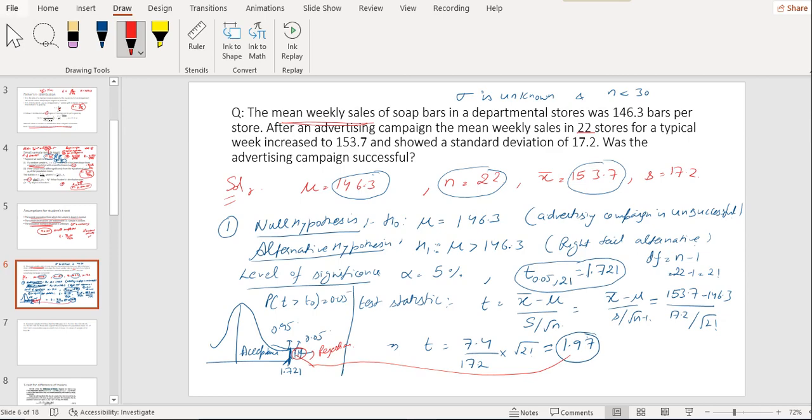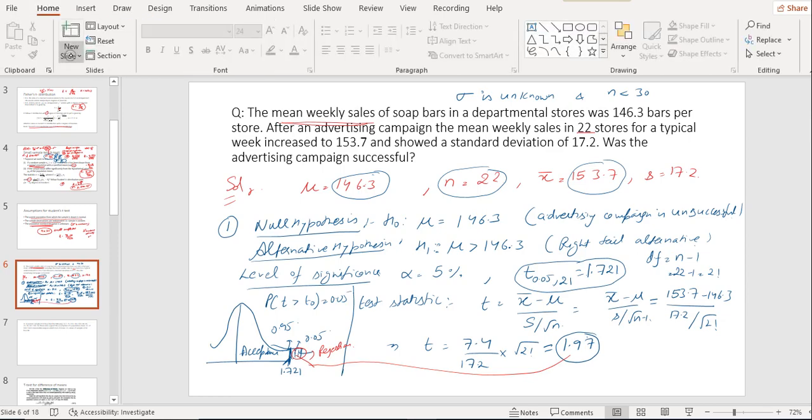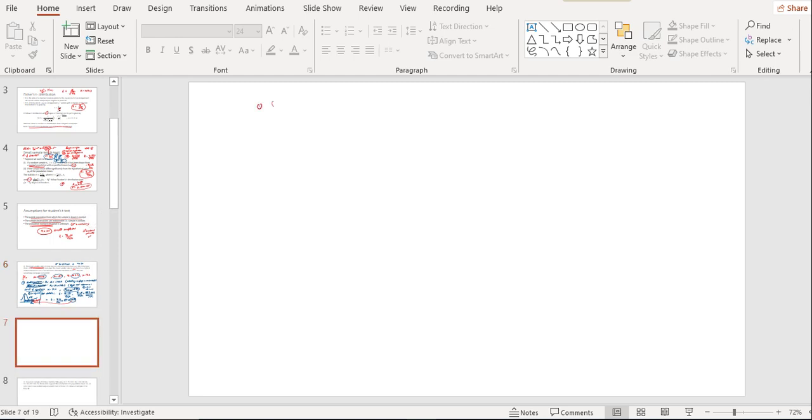Because t calculated, which is 1.97, is greater than the t tabulated value at 5% level of significance and 21 degrees of freedom, that is 1.721, it means that t calculated falls in the region of rejection, hence the null hypothesis is rejected.